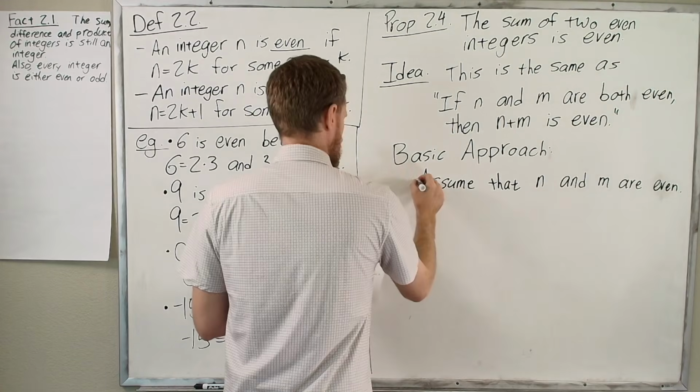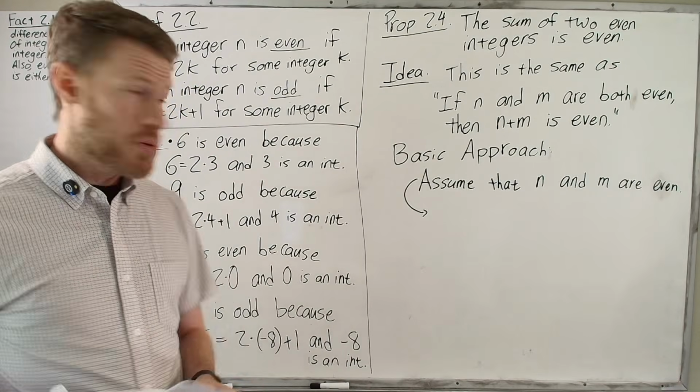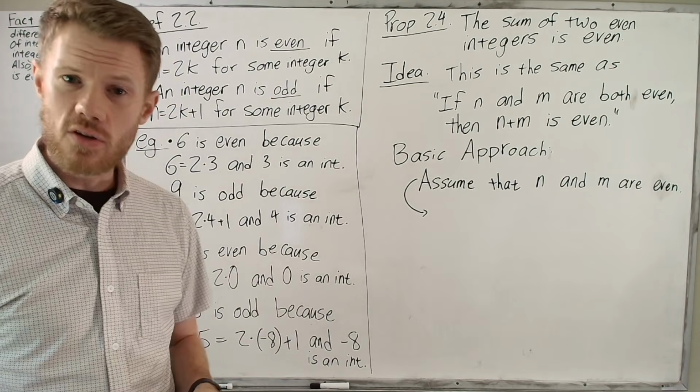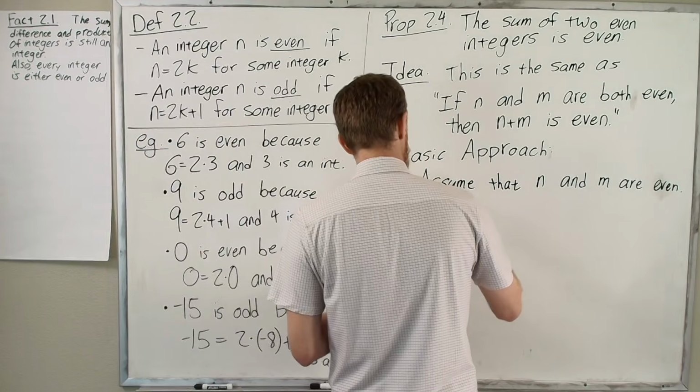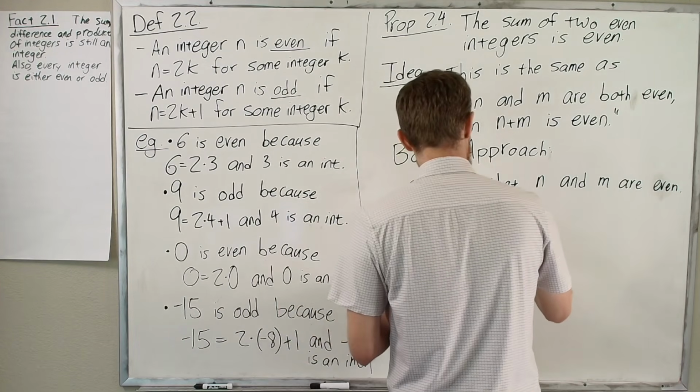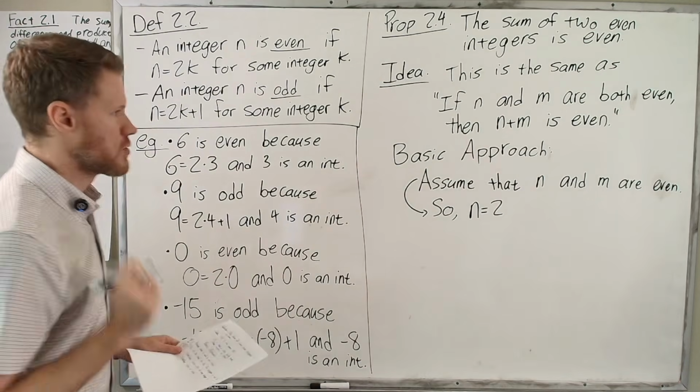And then we're going to apply definition 2.2 to say, because they're even, n is 2 times some integer, and m is 2 times some integer.